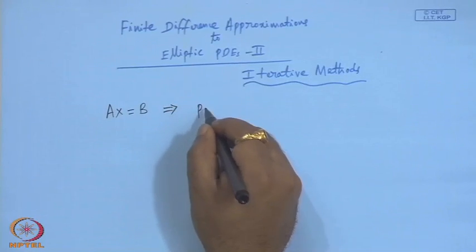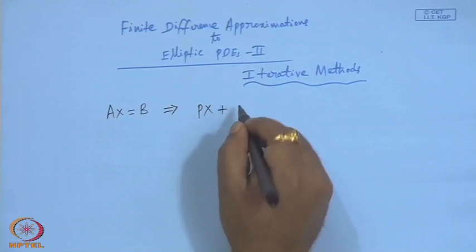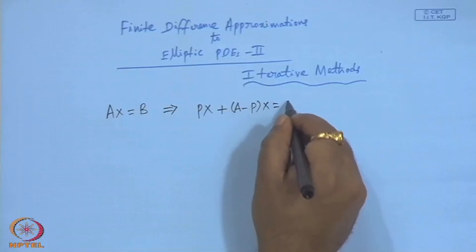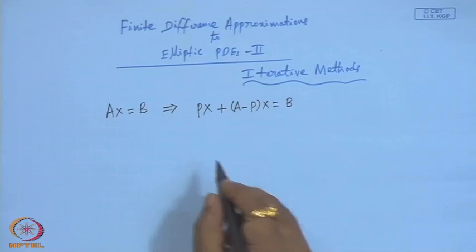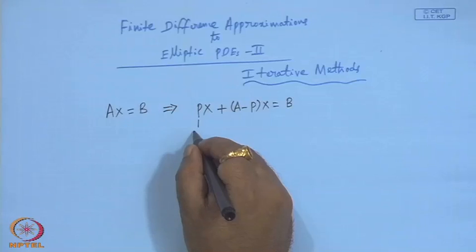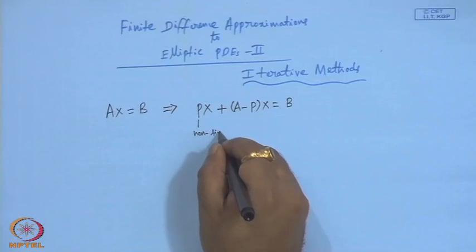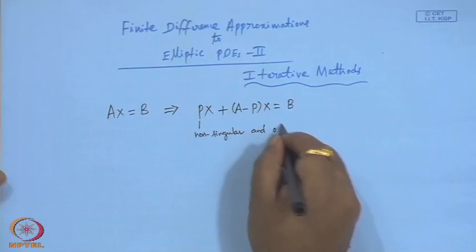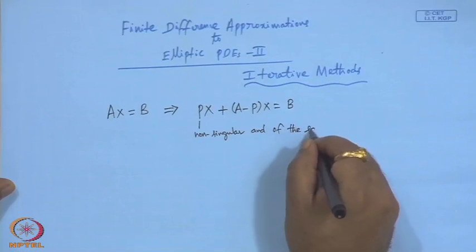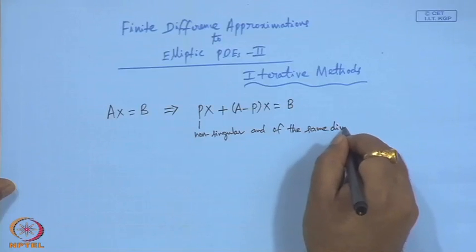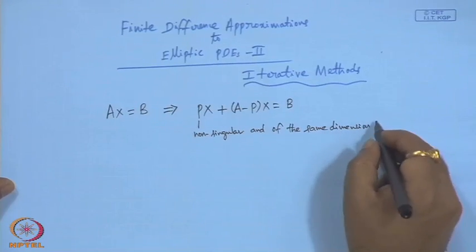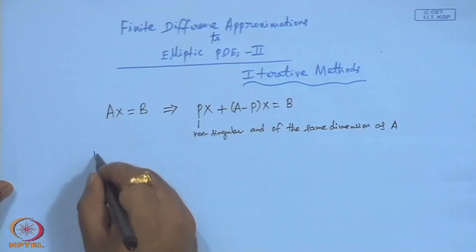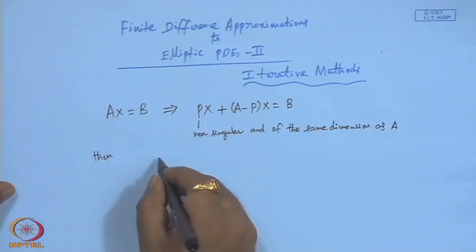So we need to split A as something like this, where P is non-singular and of the same dimension as A. So if you can do this, then what would happen?